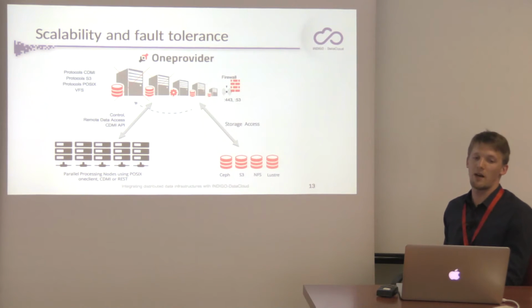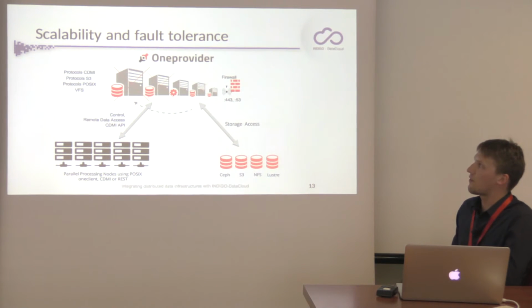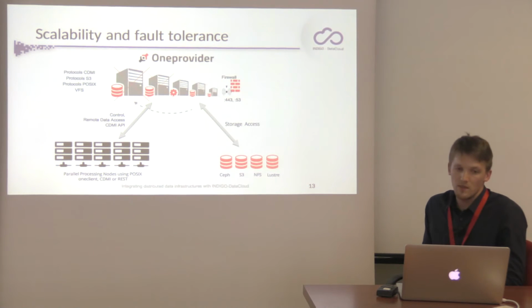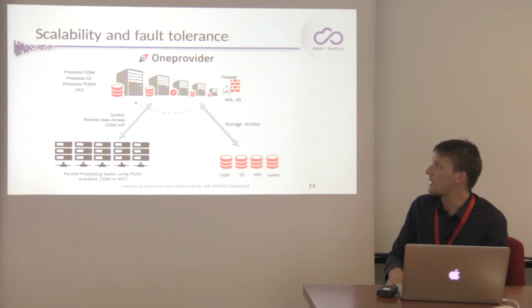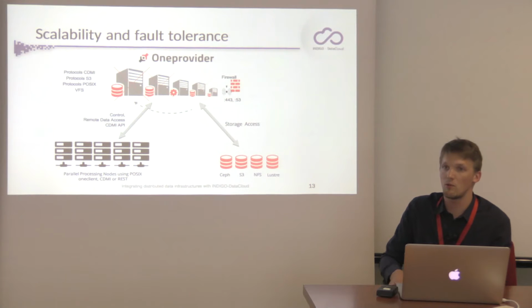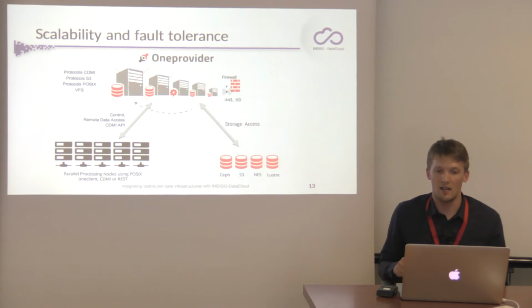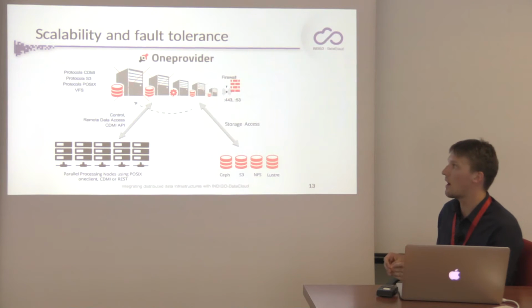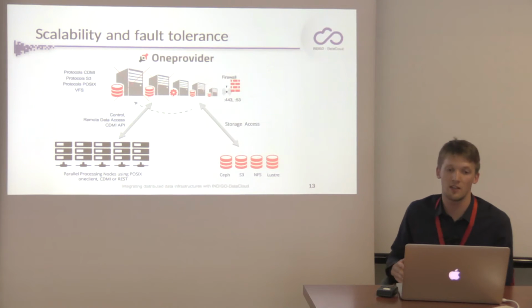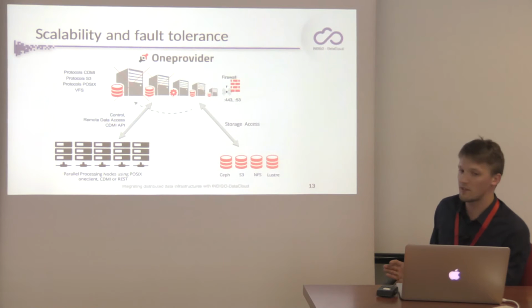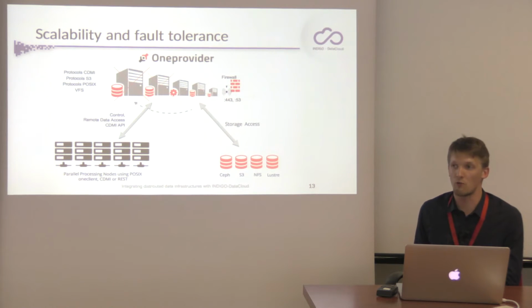So briefly about OneData scalability and fault tolerance. The nodes can be added on the fly to one provider installation by using a GUI or a command line administrative interface. There are two types of nodes: manager nodes, which we call cluster manager, and worker nodes.